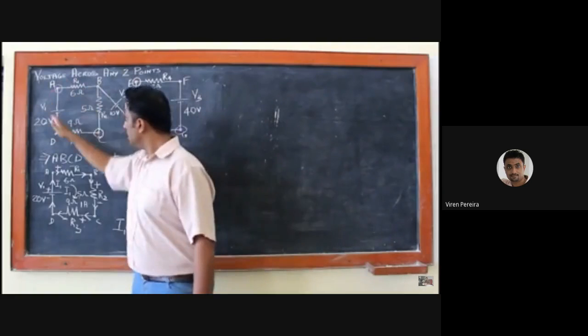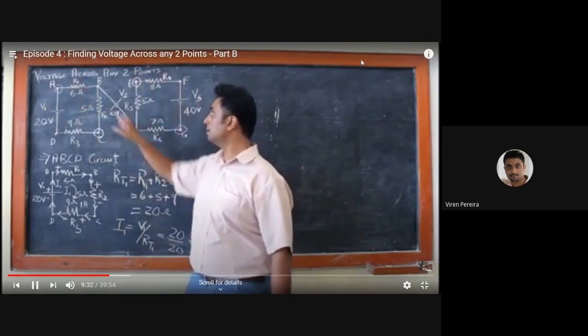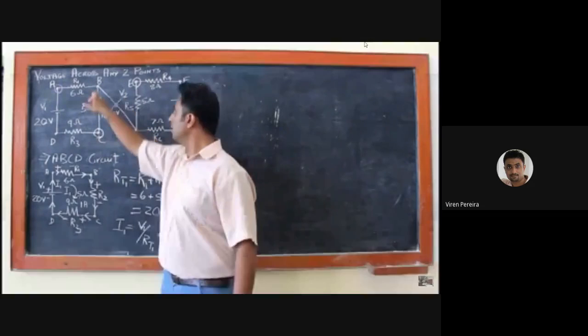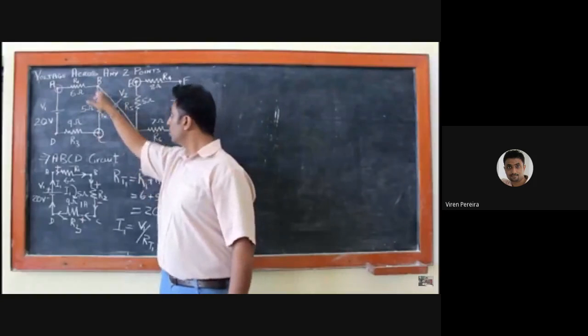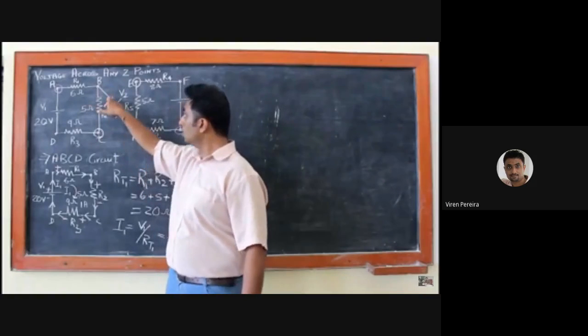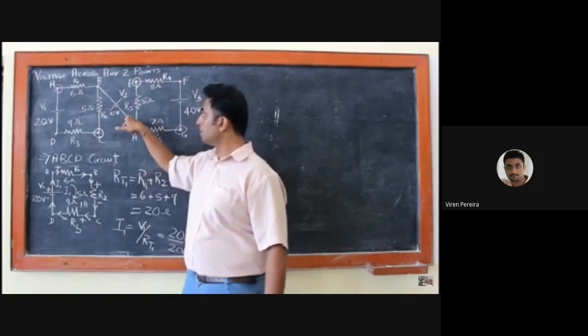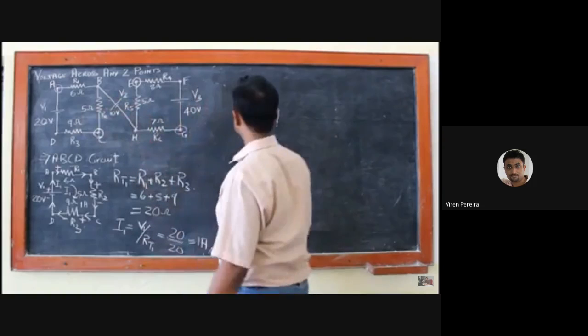Thereby, this circuit can act independently and this circuit can act independently because there is no path for V2. If this was a short, then current would go and return. But since there is no current going and returning back to V2, I can isolate these two circuits.